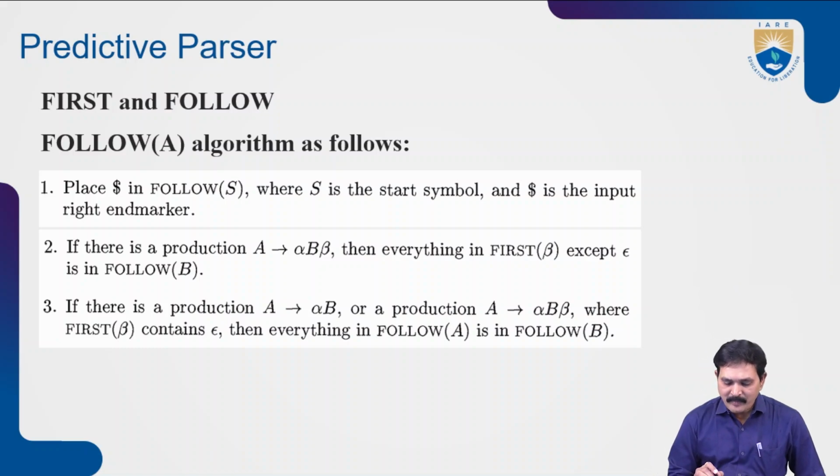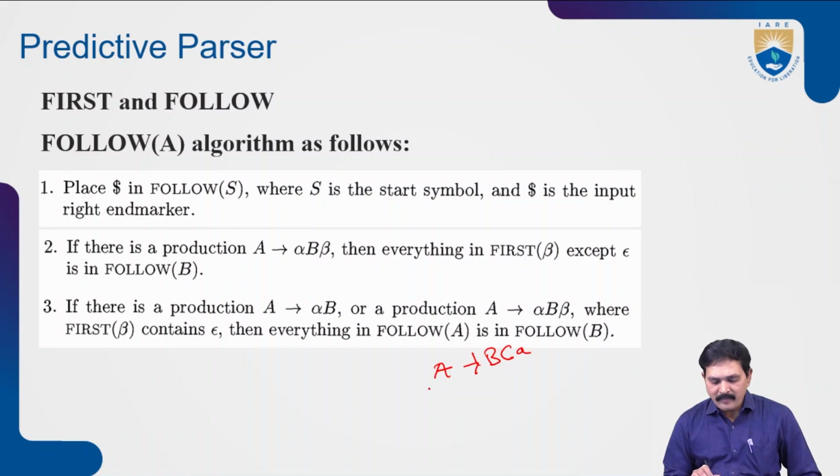Suppose I am taking the example A implies B capital C small a. I want to define the follow of C. Randomly I am taking the follow of C. After the C, the symbol is small a. So follow of C is nothing but you can include small a.